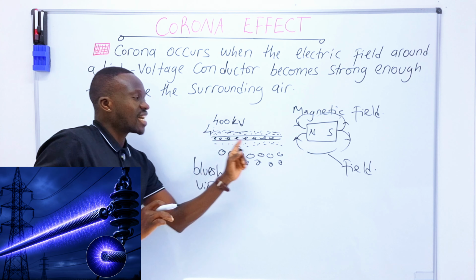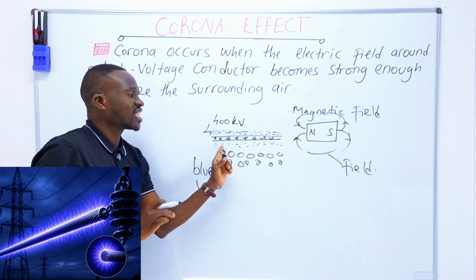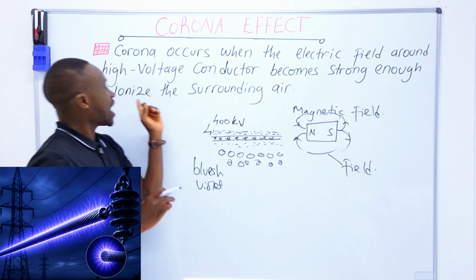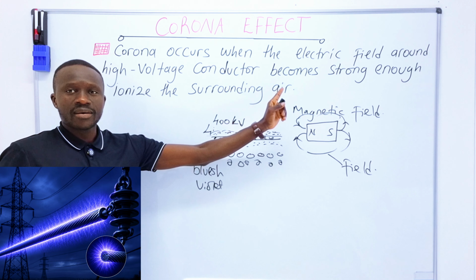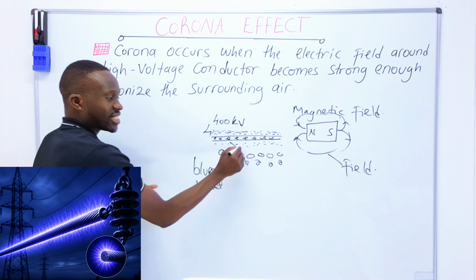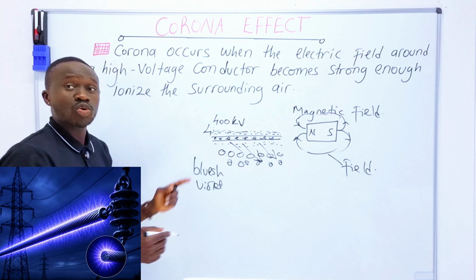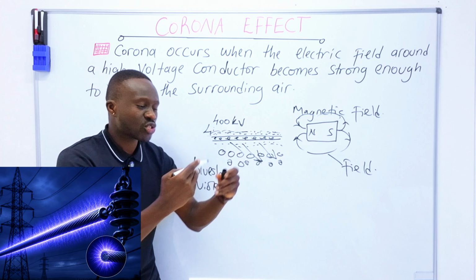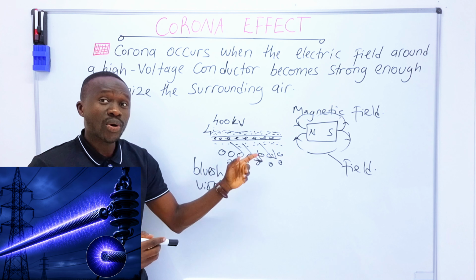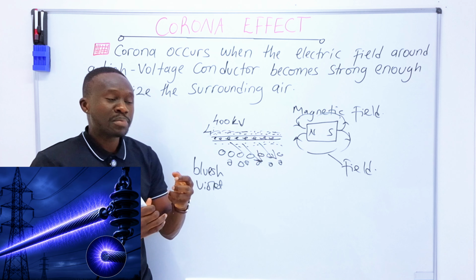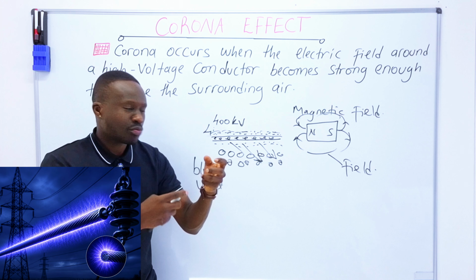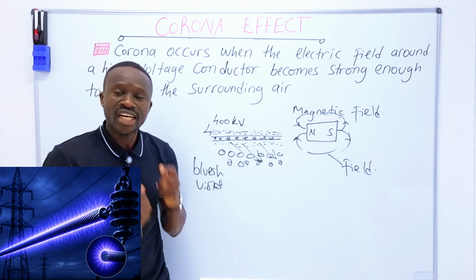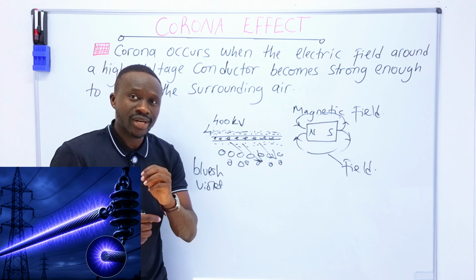The electric field surrounding this conductor, when it becomes strong, ionizes the surrounding air. It will collide with the surrounding air. And once it collides with the surrounding air, what happens? There will be more charged particles in the air. And that is when you will see the corona effect in those transmission lines.